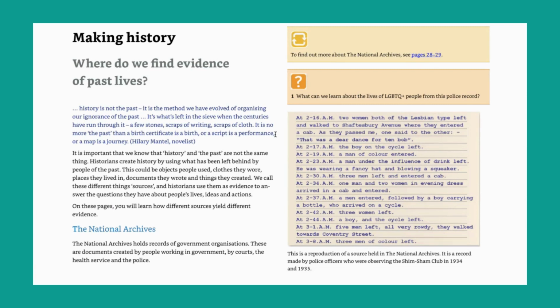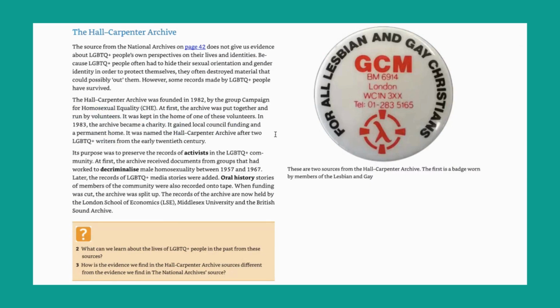But they also might consider how historians could still use this kind of document to put together fragments about the lives of the community that are pieced together from their encounters with the state. They might consider how historians who are looking at the evidence in the Hall-Carpenter archive might perhaps tell stories that are more focused on activism, for example.